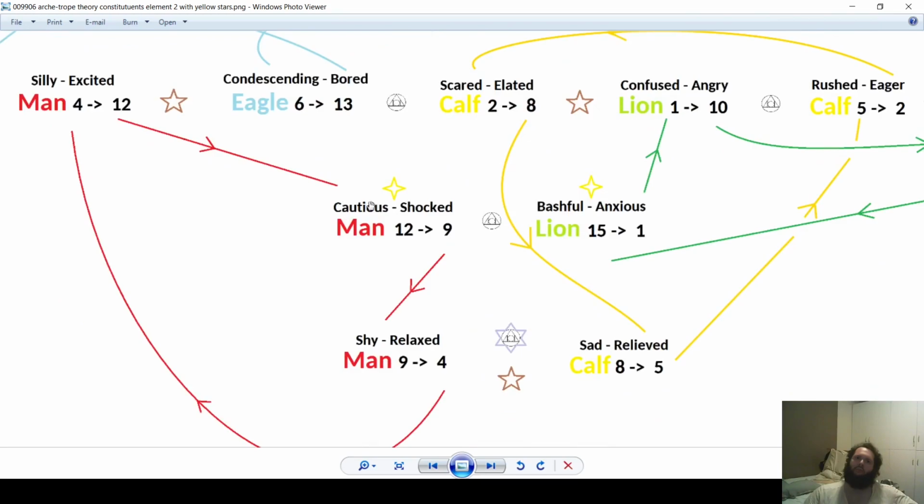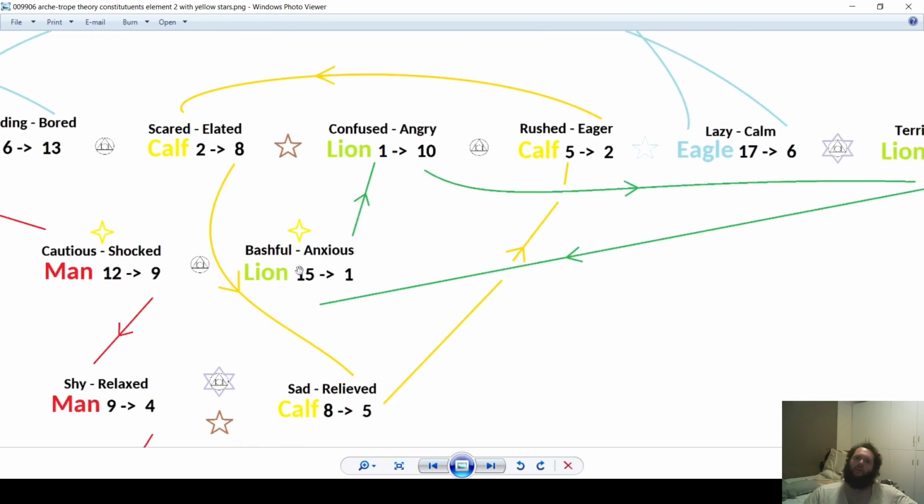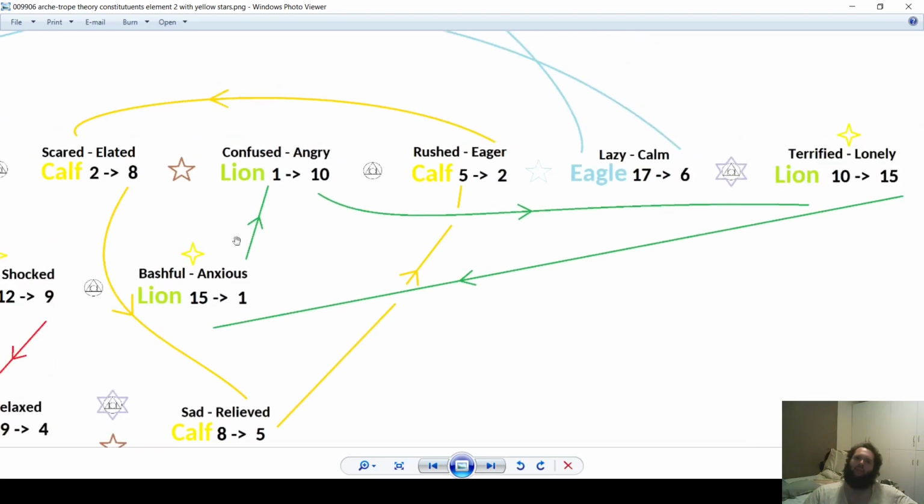So you can indulge in being cautious or indulge in being shocked, and you can just mechanically fob that off or pass that off as having a very virtual.